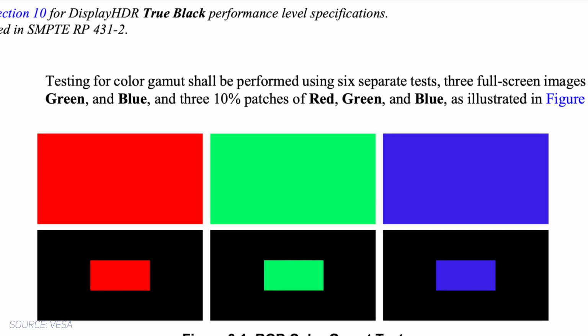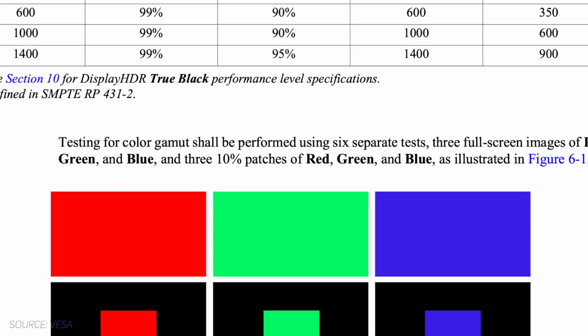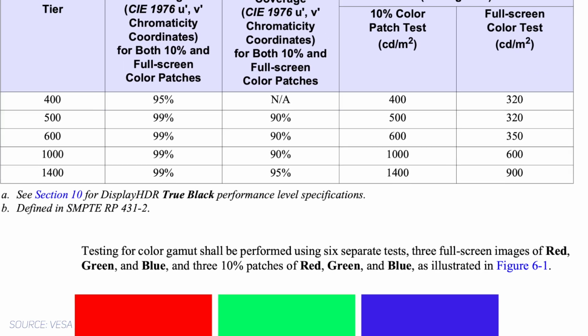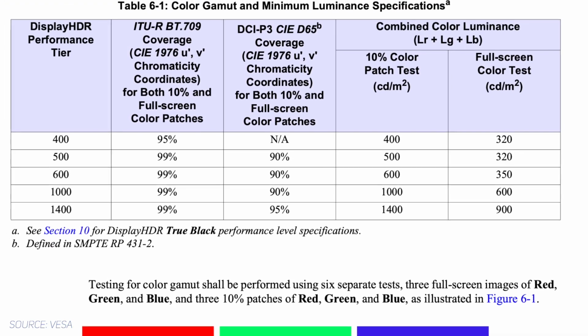It's kind of a shortcut way to test for color volume, but we test the luminance value of adding the luminance element of the red, green, and blue together and check that that also exceeds the logo requirement. So if you have a DisplayHDR 600, we test a red image, a green image, and a blue image, and the combined total of those three luminance values needs to be more than 600 if you're at the DisplayHDR 600 level.